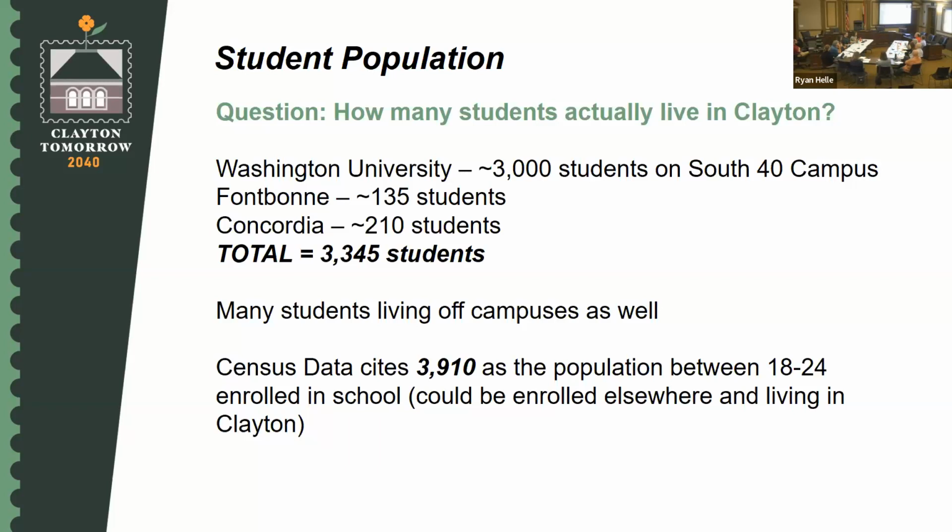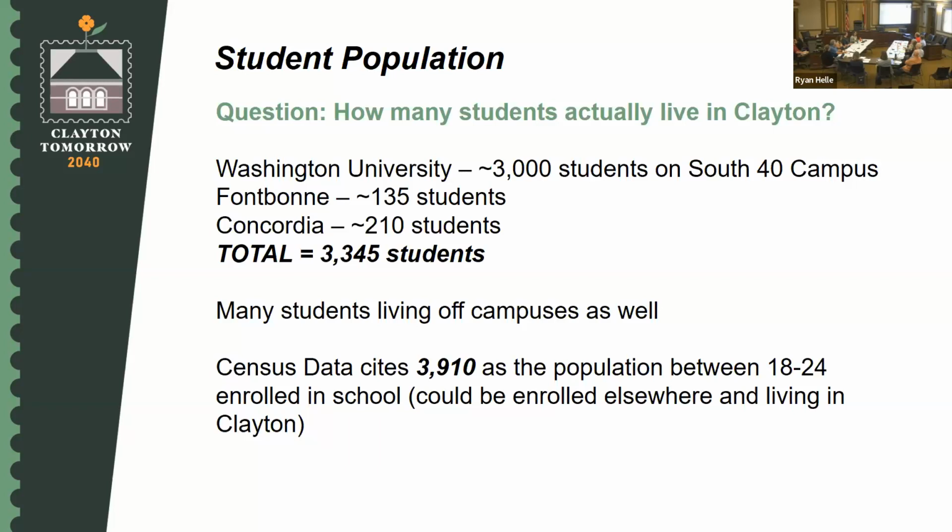But we reached out to the local campuses to see exactly how many students they have living on their campus that falls inside the boundaries of Clayton. And these are the numbers they gave us. WashU said about 3,000 students, which is a lot of students. And again, all those people are counted in your population estimates through the census. Fontbonne said about 135 and Concordia about 210.